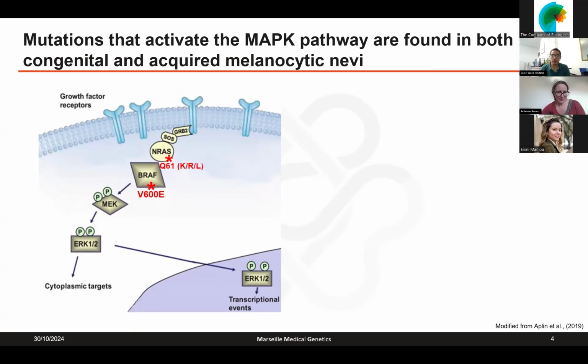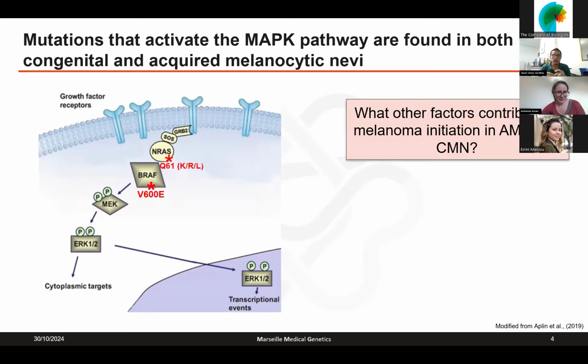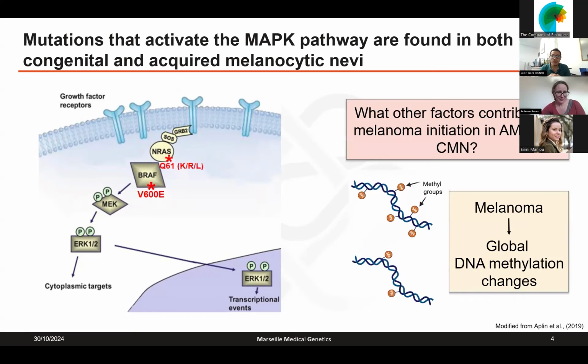So from that, one might ask, what other factors contribute to melanoma initiation in AMN and CMN? What has been very well characterized is that a hallmark of melanoma is global DNA methylation changes. We know that these mutations are not the only driver of melanoma, so there should be something else, and this could be global DNA methylation changes.